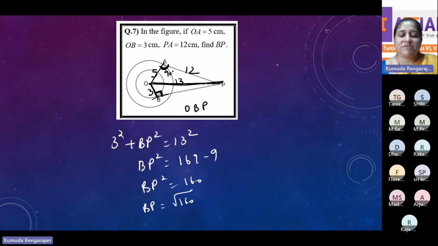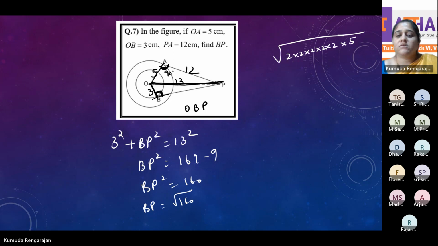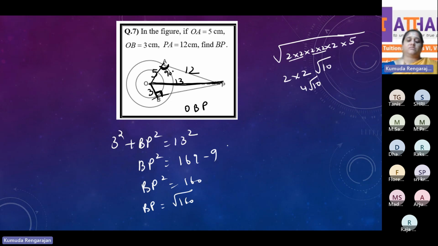Let's write it as a mixed surd. 2 times 2 is 4, 4 times 2 is 8, 8 times 2 is 16, 16 times 2 is 32, 32 times 5 is 160. So from two 2s, one 2 comes out, and from two 2s, one 2 comes out, leaving root 10. So 4 root 10. BP is equal to 4 root 10.